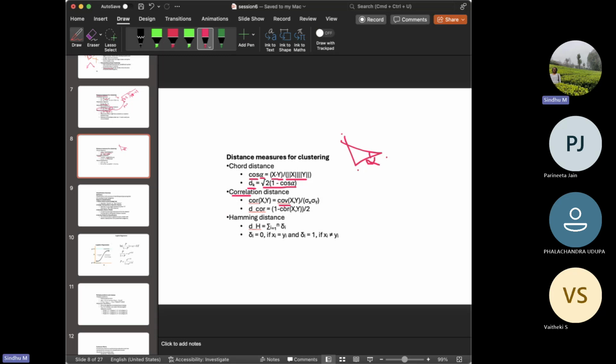From the covariance, we can find the correlation by dividing it by sigma x into sigma y, that is the standard deviation of x and y separately. So this is just to normalize the covariance.